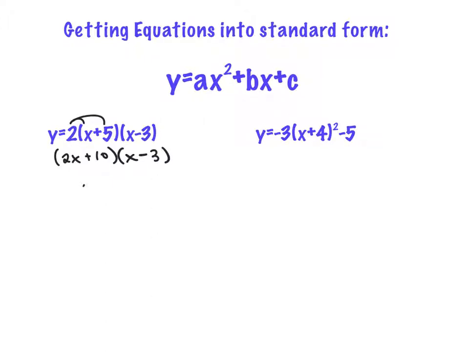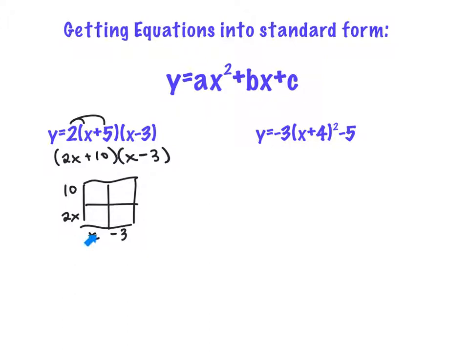So the area model, which many of you are familiar with from Algebra 1-2, you take your two binomials. So this right here, when I refer to a binomial, that's what I'm talking about. I have this binomial times this binomial. I'm going to take the two of those and put them on the outside. So 2x plus 10 and x minus 3. When we get to factoring, we're going to use this area model again in the opposite direction.